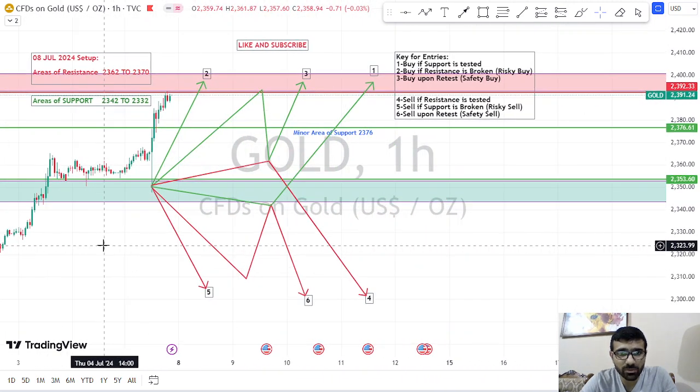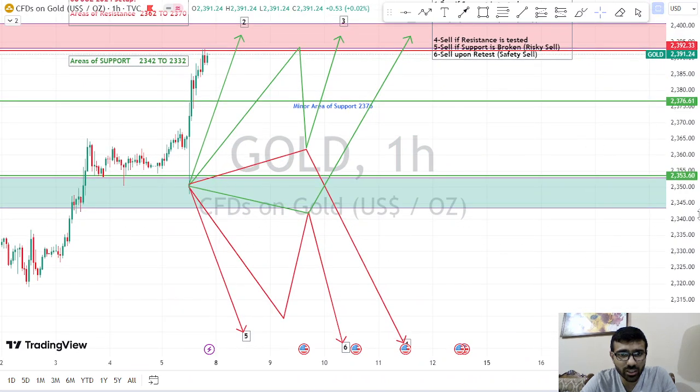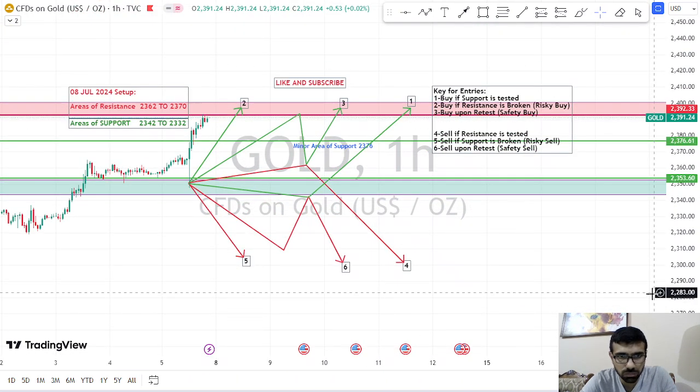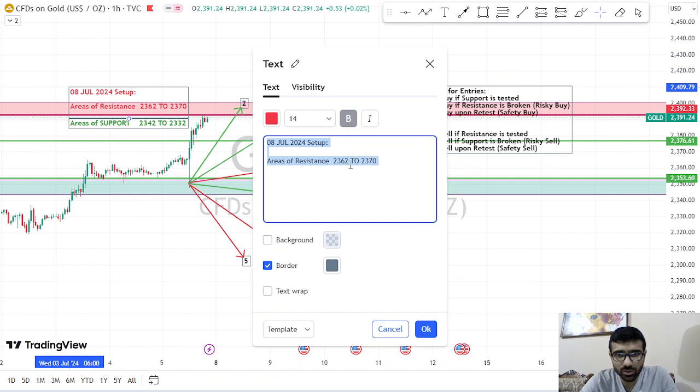Let me write down the new areas of resistance. The new area of resistance is 2392, and the upper area of resistance is 2400.